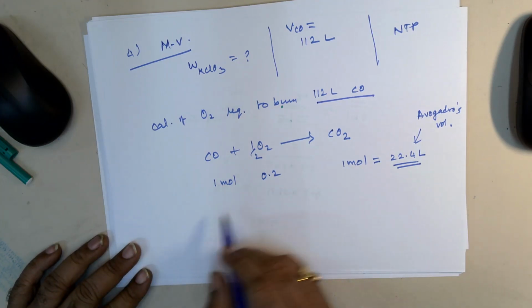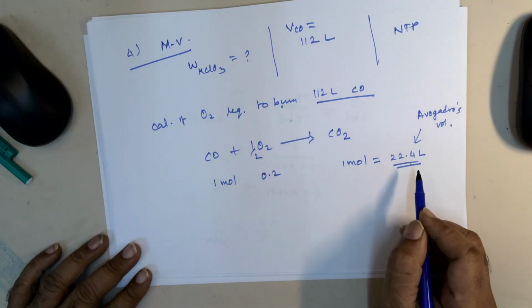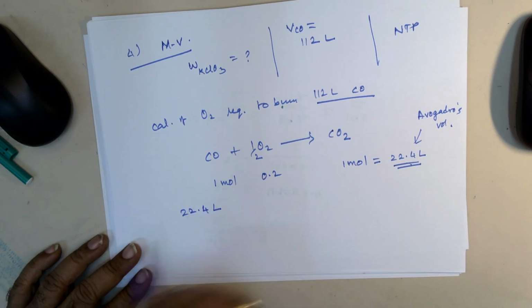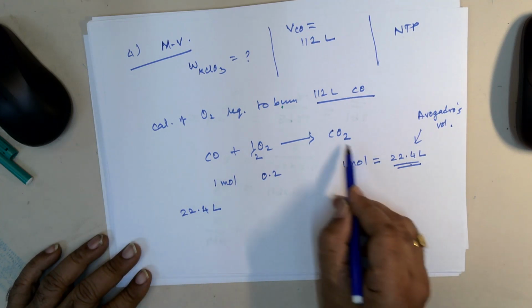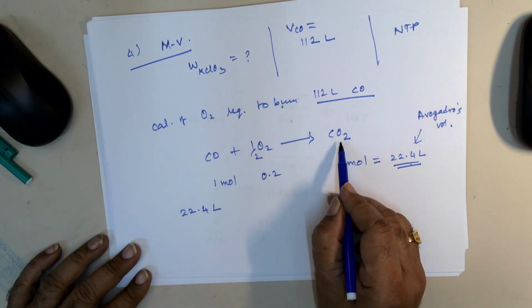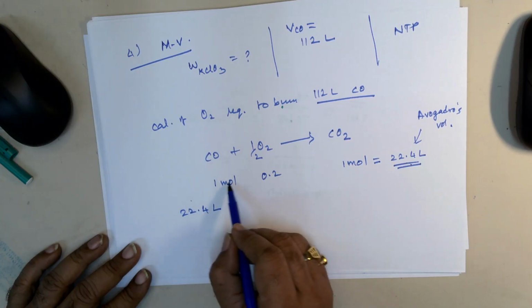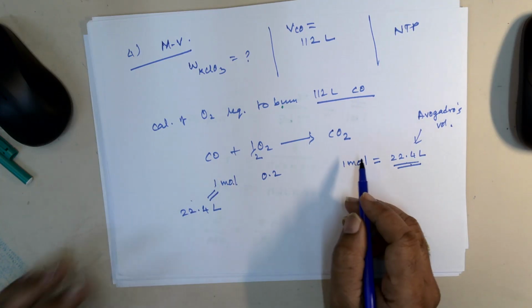So here, see, this is 22.4 liters, is it not? Listen to me carefully. The 22.4 liters of carbon dioxide is 1 mole, and this is also 1 mole, equal to 22.4 liters.